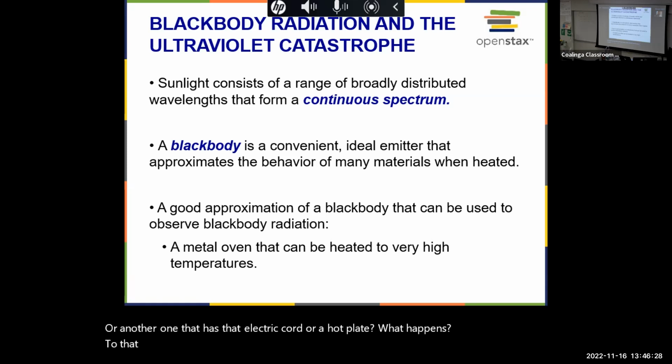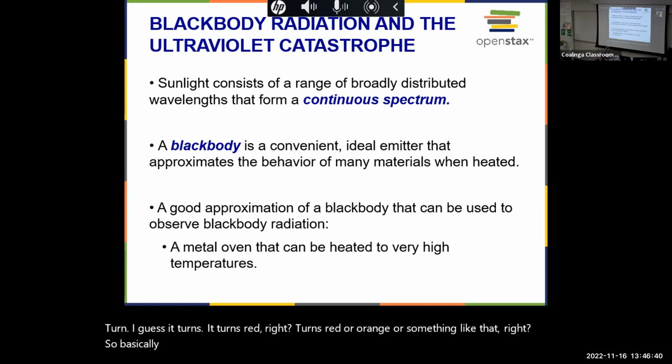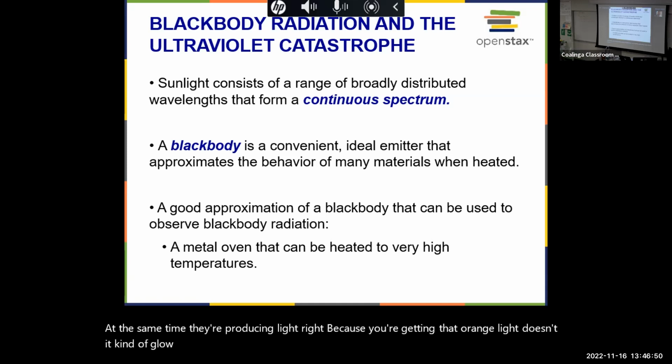It heats up. And what else happens? I guess it turns red. It turns red or orange or something like that, right? That coil turns red. So basically, when things heat up, guess what they're doing? At the same time, they're producing light, right? Because you're getting that orange light. Doesn't it kind of glow orange, right? Yeah. It's a light that we see.